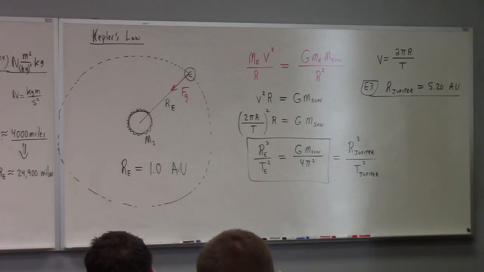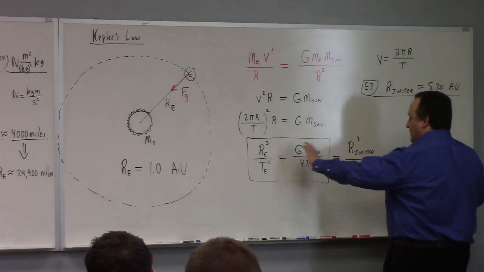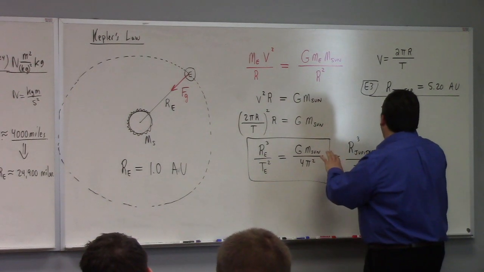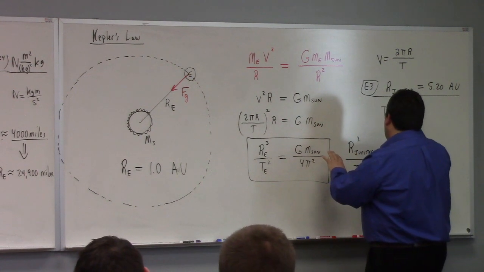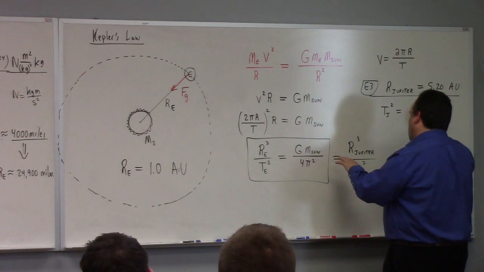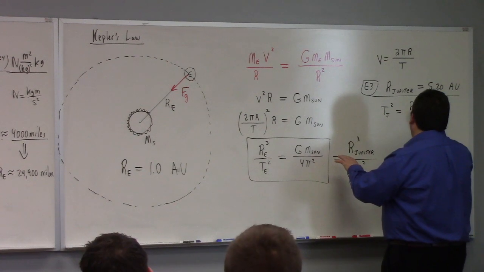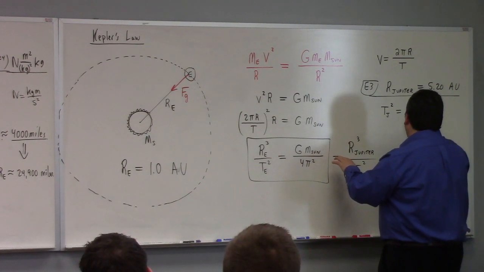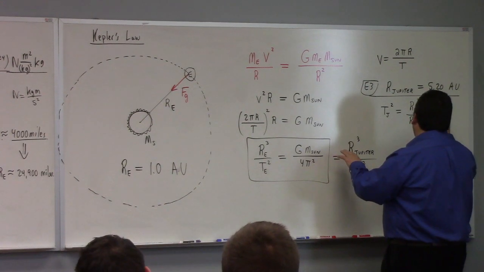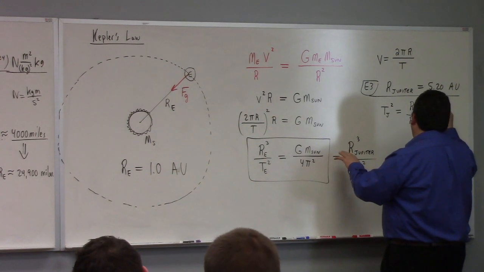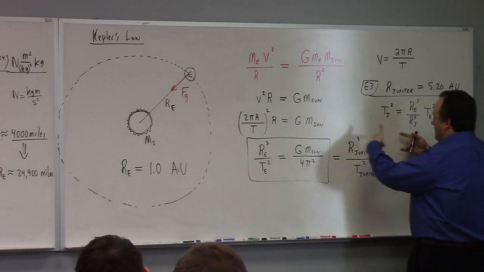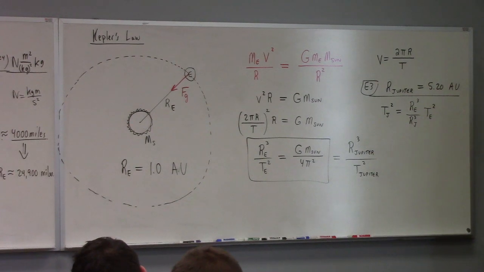So we can work that out. We use this proportion. And so we've got the period for Jupiter squared is equal to the radius of Earth cubed divided by the radius of Jupiter cubed times the period of Earth squared. So I just solved this ratio for the period for Jupiter squared.